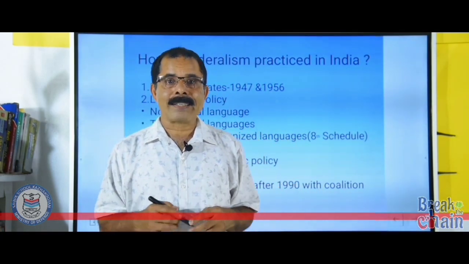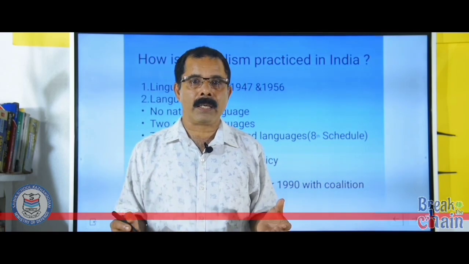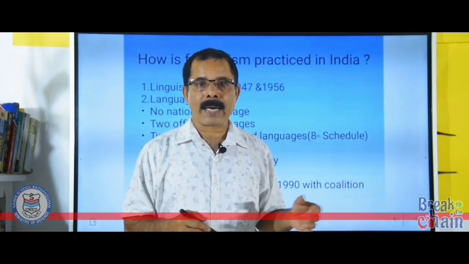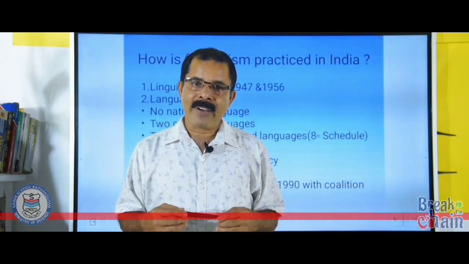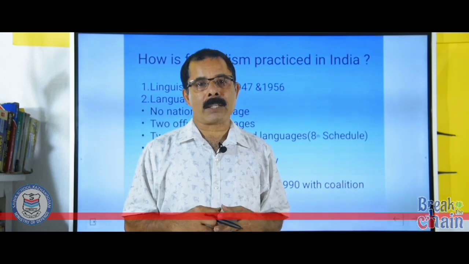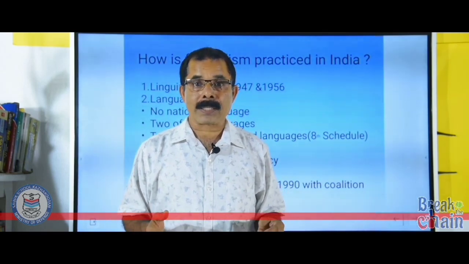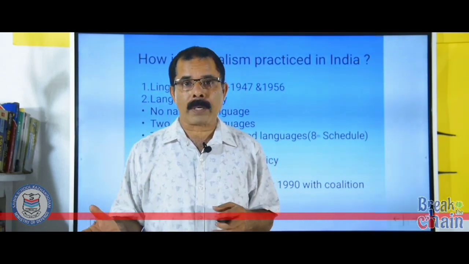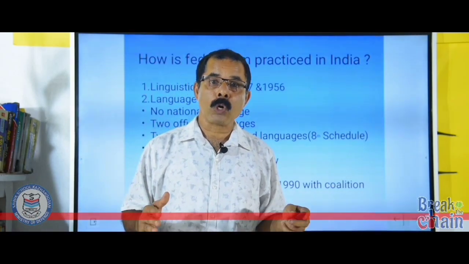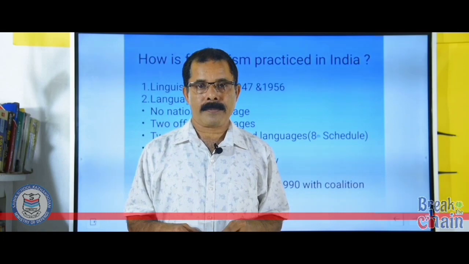But the center-state relation was not very healthy and not very strong before 1990. Whenever we had one single party government at the center, there was a certain amount of encroachment into the affairs of the states which were ruled by other political parties.